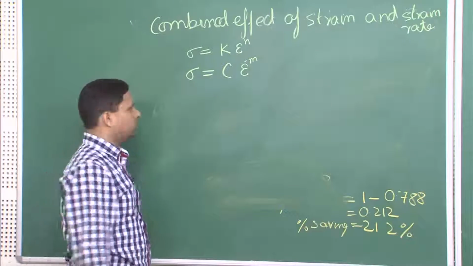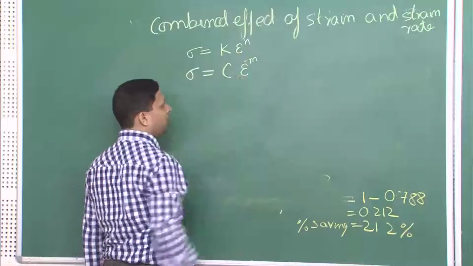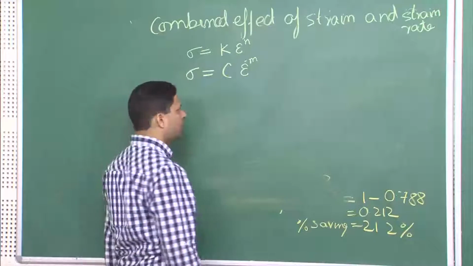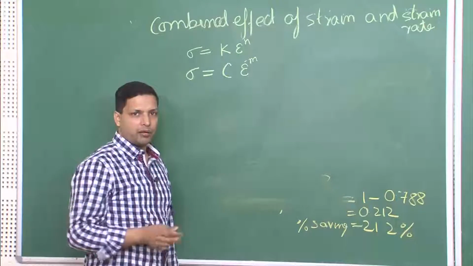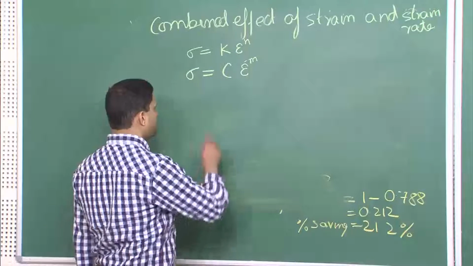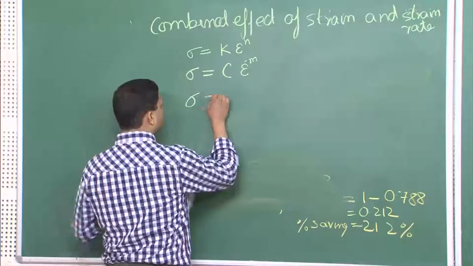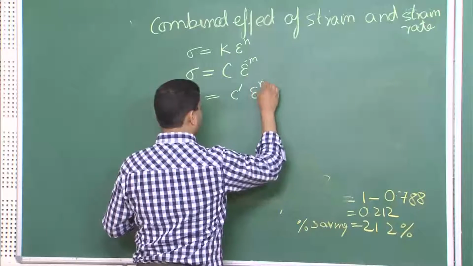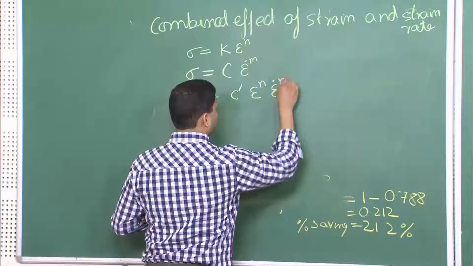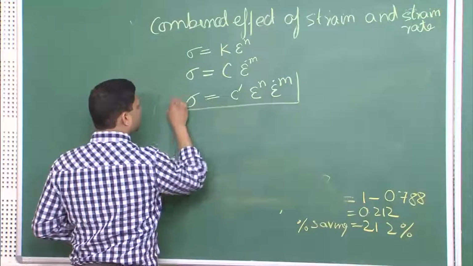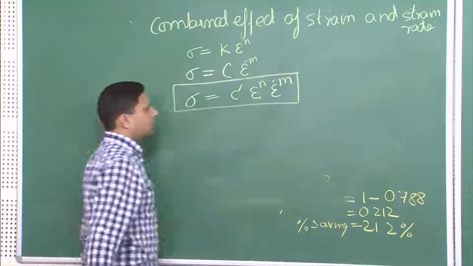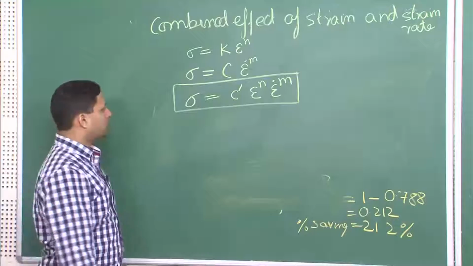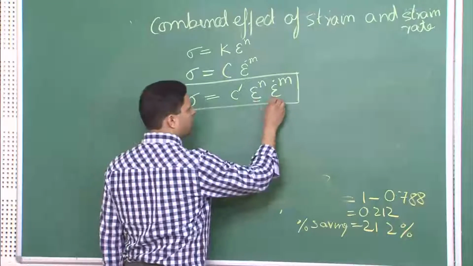When we have both strain and strain rate that are varying in the two different tests that we are carrying out, or when we are trying to compare two different conditions, then in that case this is given by an equation like this. So, this equation combines the effect of strain and strain rate.